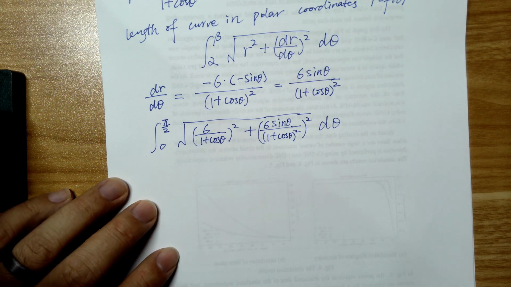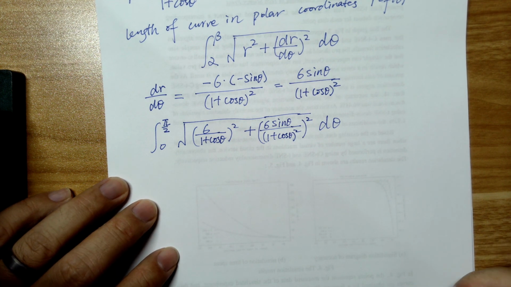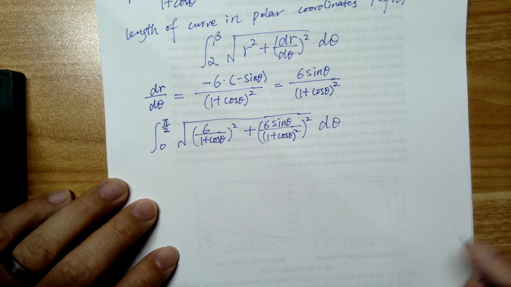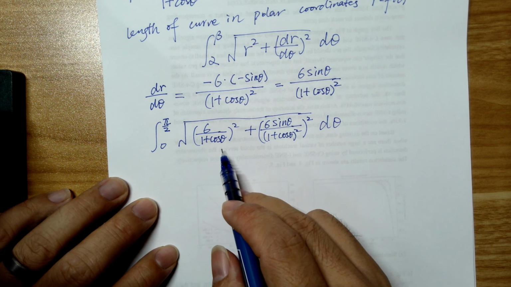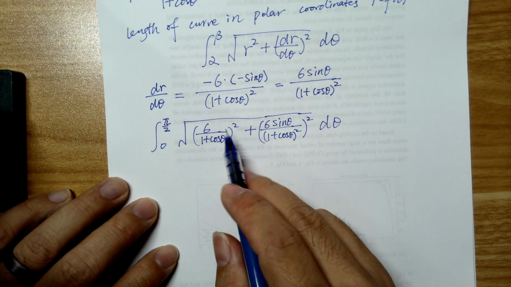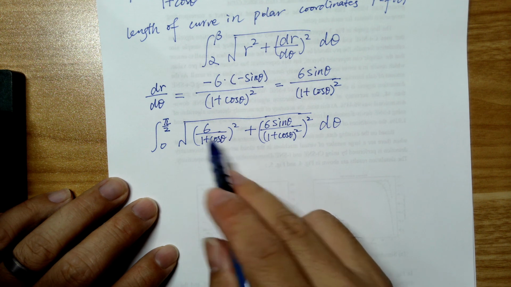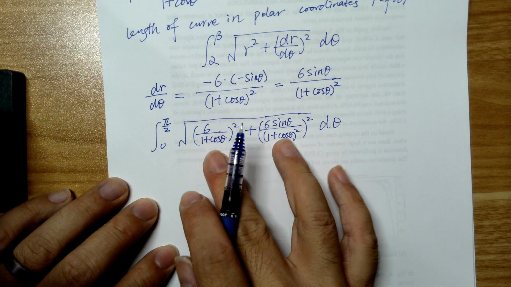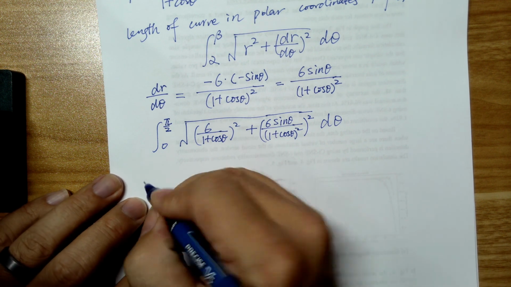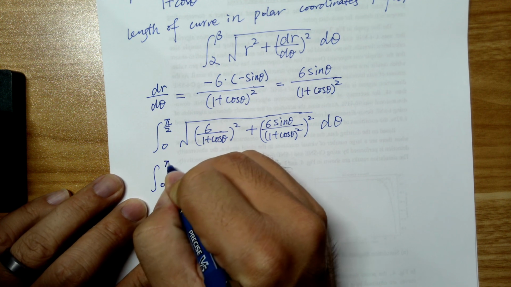Looks like it's a little bit complex at this stage. However, as you can see, we can actually factor out this 6 over 1 plus cosine theta squared from this square root. So let me show step by step.